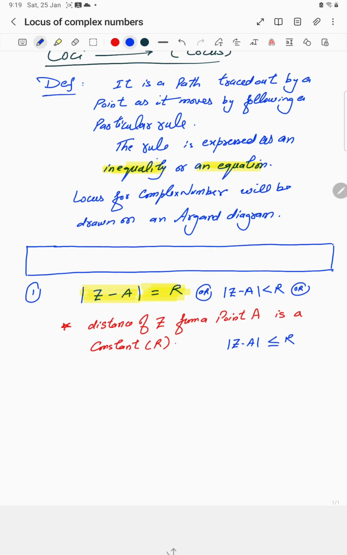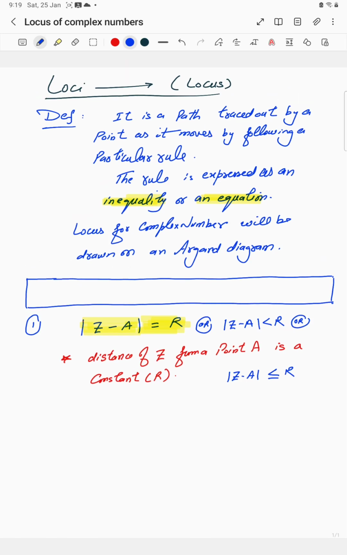So whenever you have this condition, you need to know the distance of z.